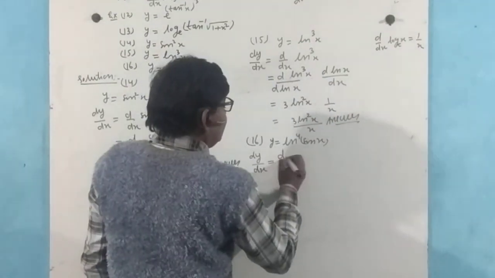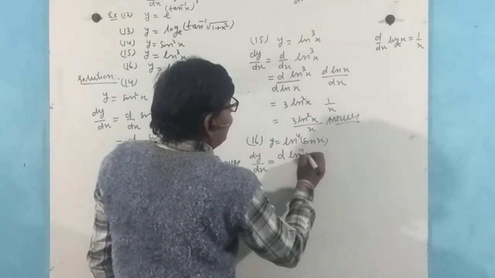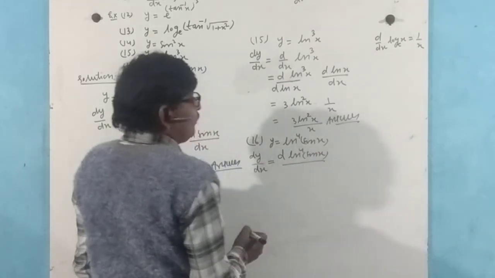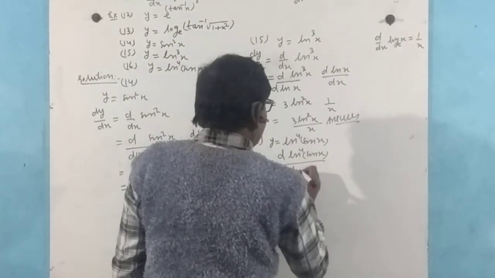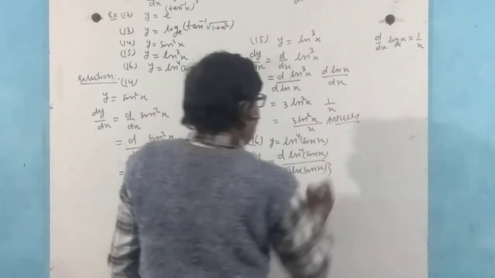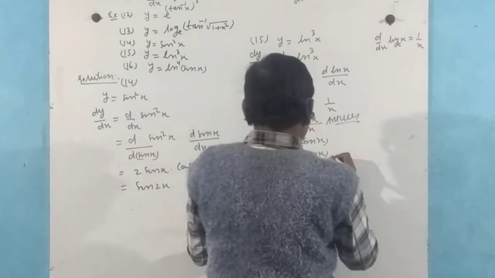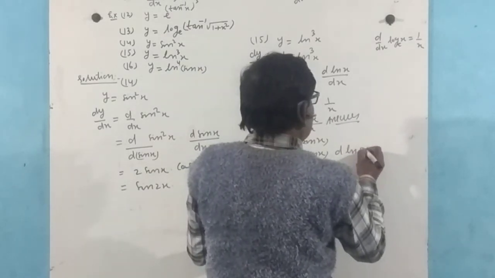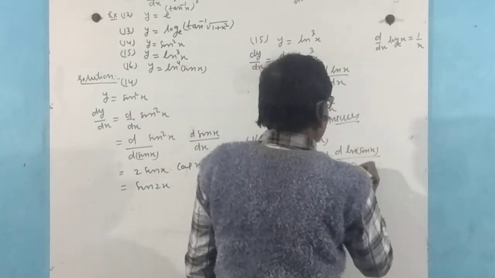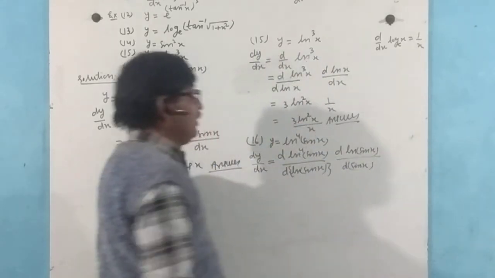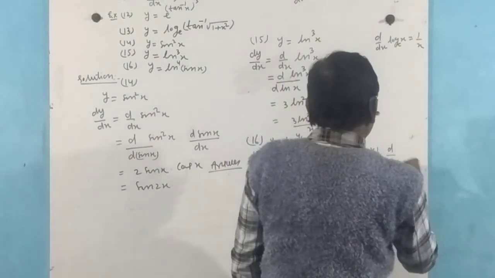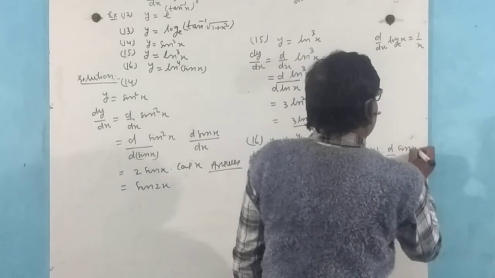This is d of (ln sin x) to the power 4 divided by d of ln sin x, with respect to this, and d by dx of sin x.